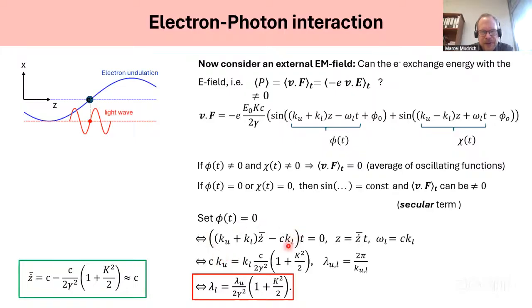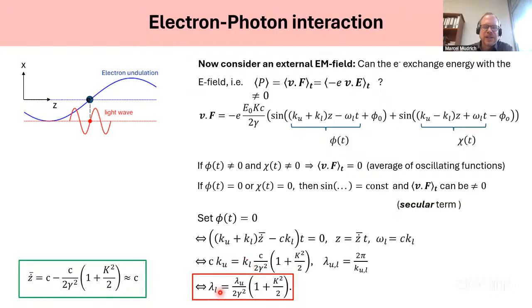If the parenthesis is 0, then we finally get to this equation, remembering that k_u is just 2 pi over lambda_u, and k_l is 2 pi over lambda_l, so we can isolate and replace lambda here.